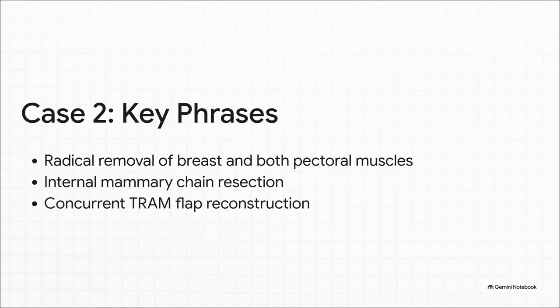Once again, we isolate the anatomy. Both pectoral muscles removed means we're looking at least a 19305. However, the resection of those internal mammary chains pushes our primary procedure to the absolute maximum complexity. Meanwhile, that concurrent TRAM flap reconstruction is going to trigger our multi-procedure modifier rules, since it's a distinct restorative procedure performed in the exact same session.